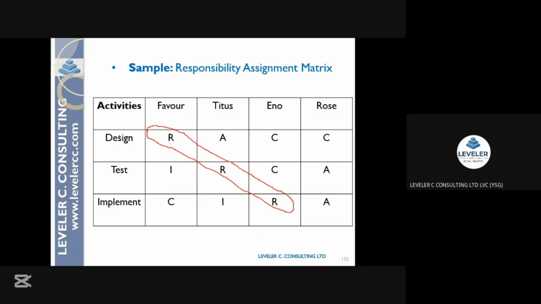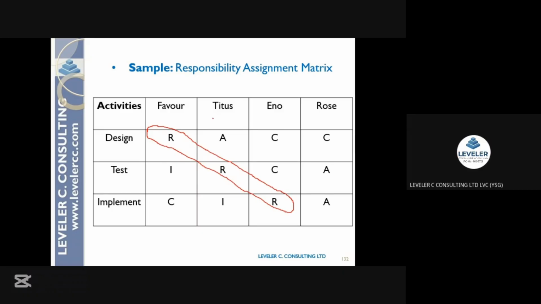So it means Favor is going to work. It means Titus is going to work. It means Eno is also going to work. But when you look at Rose, she's not responsible for any work. So this automatically translates that everybody is reporting to Rose.